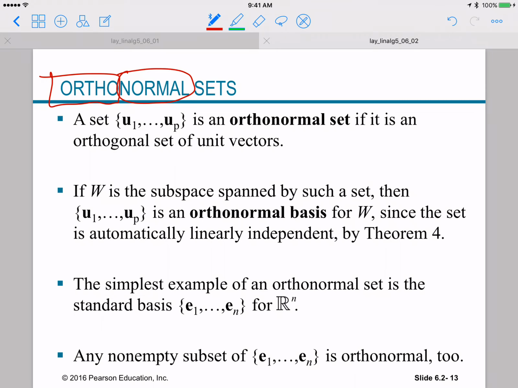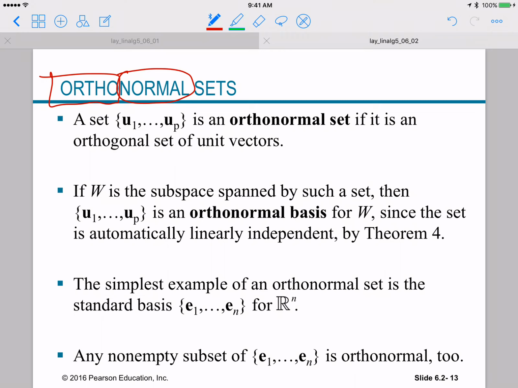Now we study orthonormal sets. An orthonormal set is quite simple, a slightly changed version of an orthogonal set. This is one example of an orthogonal set where two vectors are perpendicular to each other. At this point they are an orthogonal set, but not yet an orthonormal set.